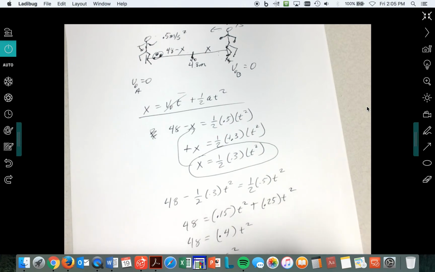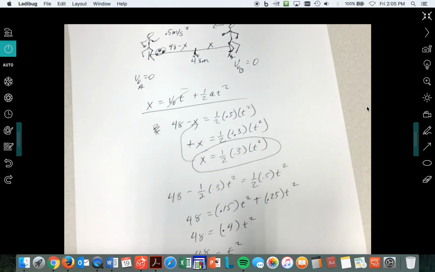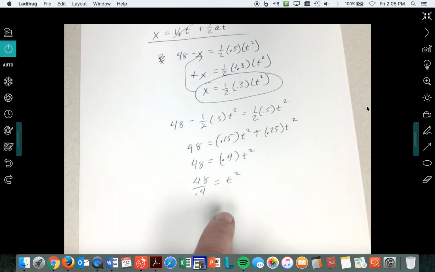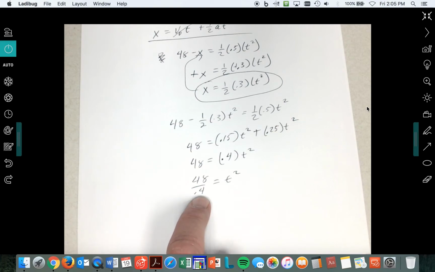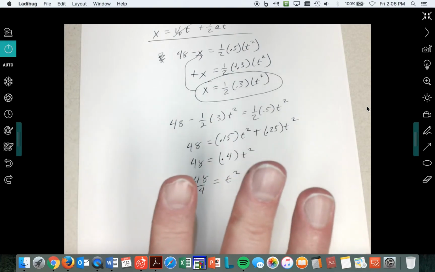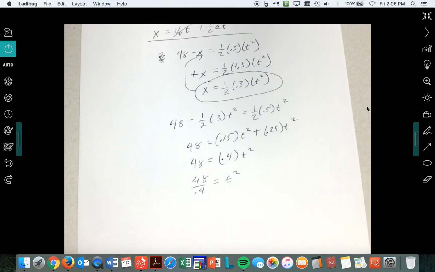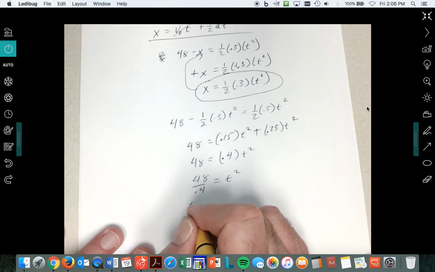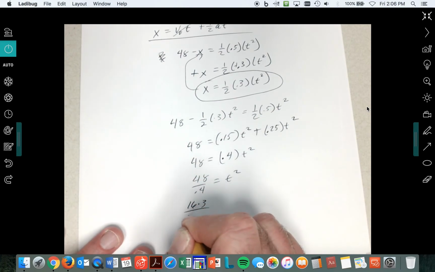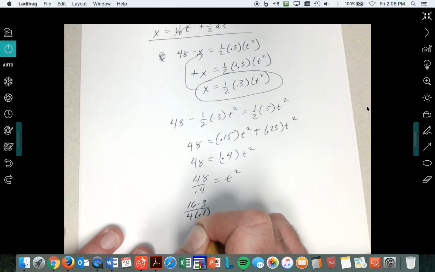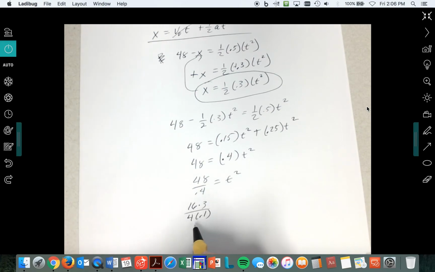It's going to be kind of, I could do it almost in my head if I want, because I could say, okay, well, this is 16 times 3, and this is 4 times 0.1. And so I could divide the 16 by 4. Let's just do it without a calculator. I'll show you a little. So this is 16 times 3 divided by 4 times 0.1. Since we're dividing by 0.1, we're basically multiplying by 10.